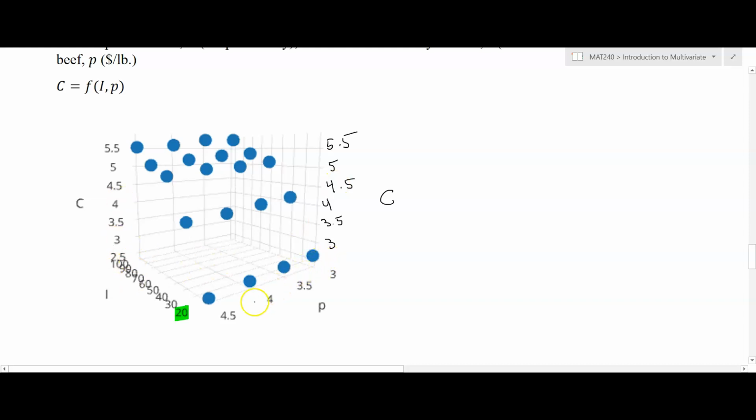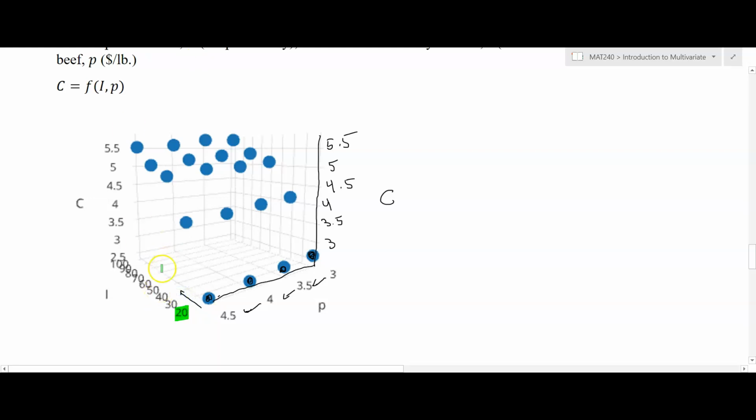If I imagine that this is really a two-dimensional graph, just going the opposite direction than we would normally draw it, what I see is that as the price increases from 3 to 3.5, 3.5 to 4, 4 to 4.5, my points are dropping lower and lower, because as price goes up, for a family earning 20,000, we know that the consumption went down. Now if we scooch back this way, we go from 20,000 to 40,000.